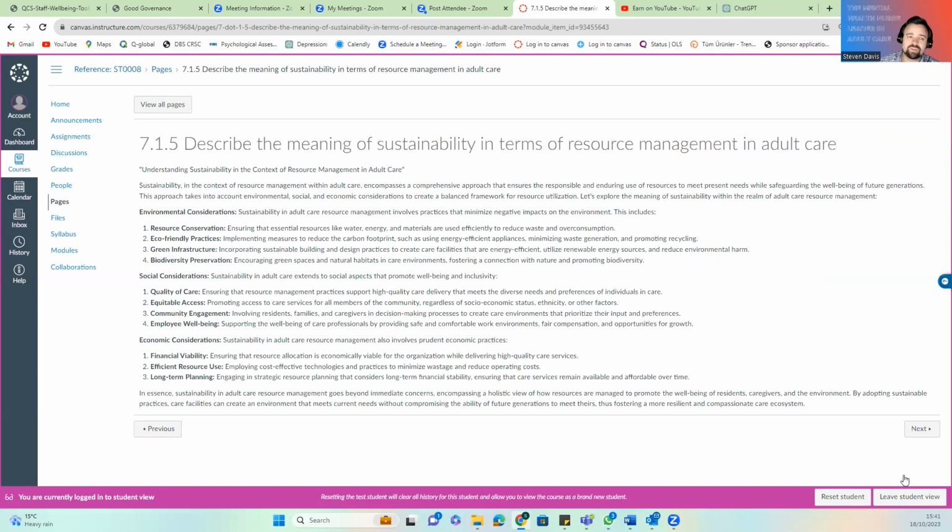1.5 then looks at describe the meaning of sustainability in terms of resource management. So again, there are lots of things to help us become sustainable in our workforce, sustainable with our equipment, sustainable with our green initiatives. And for some of that, we're looking around using our ISO environmental health standards.